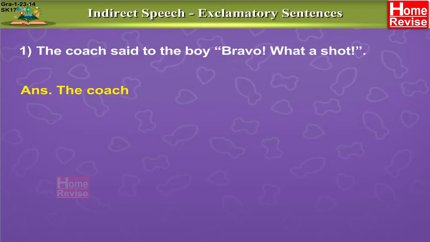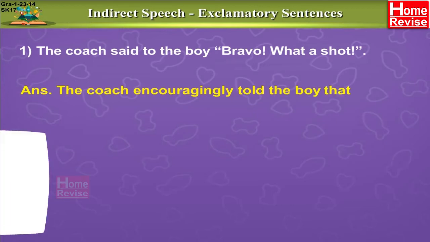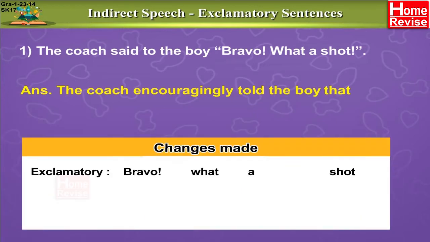So the sentence becomes something like this. The coach encouragingly told the boy. The conjunction to be used is that. Well, we have decided to omit the interjection. So bravo is omitted. What a shot is an exclamation. This is to be changed into a statement. The statement of this becomes, it is a great shot.